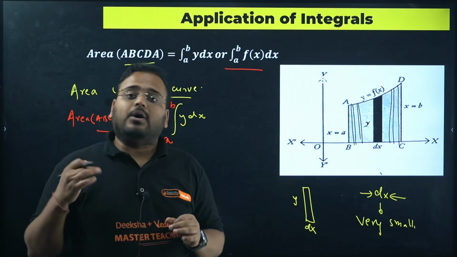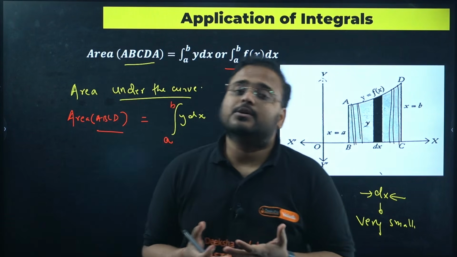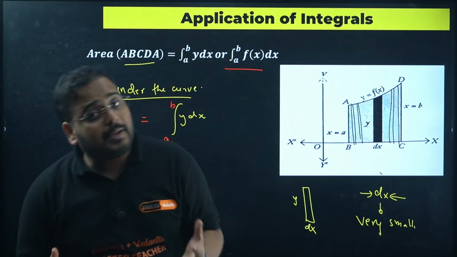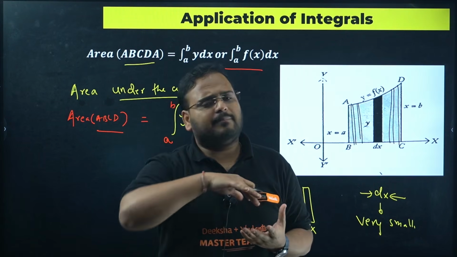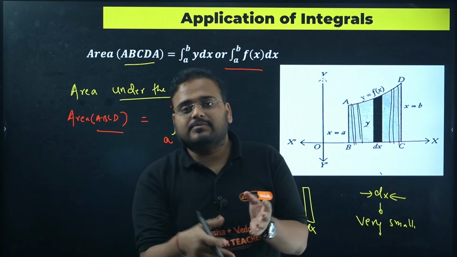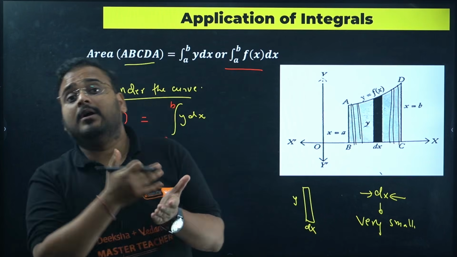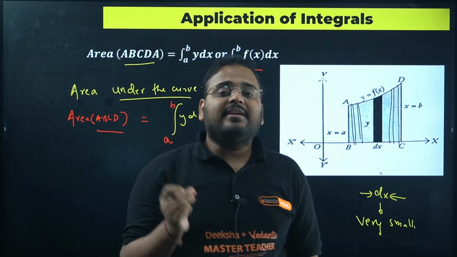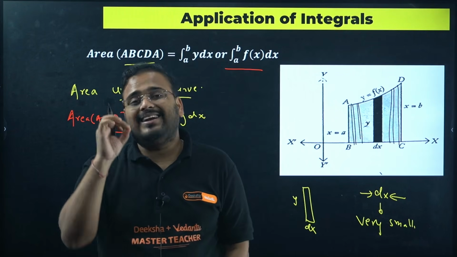Now we have understood. In this we have some special cases. They might give you a function, they might give you a shape, they might give you definite integral problems based upon an ellipse, or a parabola combined with a straight line, and ask you to find the area under the curve or the area of the intersection of the curves.